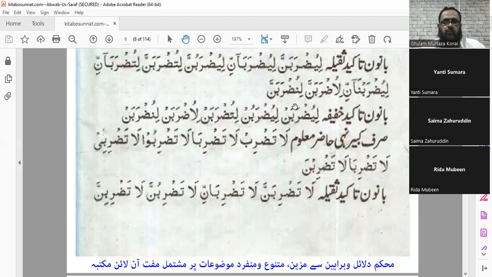You, male singular, do not kill. Don't kill. This is an order. If we say you do not kill, that is la tadribu, that is not la tadrib. That is negative, from affirmative to negative. La nadribu, we do not kill.